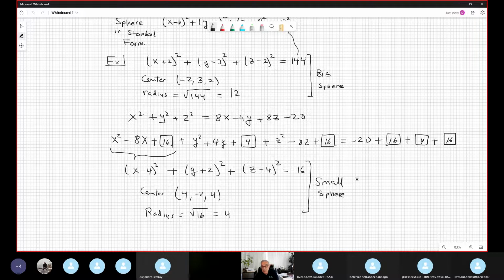So we have different possibilities, no? Suppose the big sphere, the big, and we have the small, and maybe the small is not totally inside, or partial, I don't know, right?